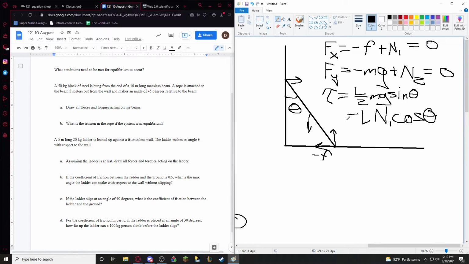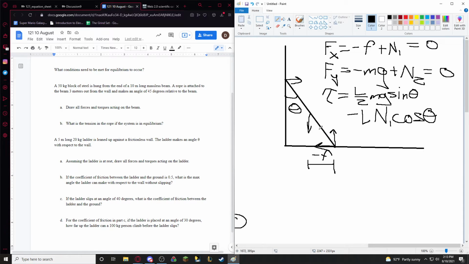Another way we can think of it is, for the first one, we want the total distance along the floor between the pivot point and the force straight downward.